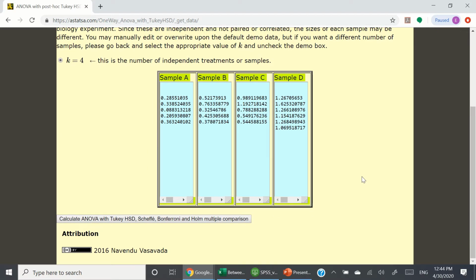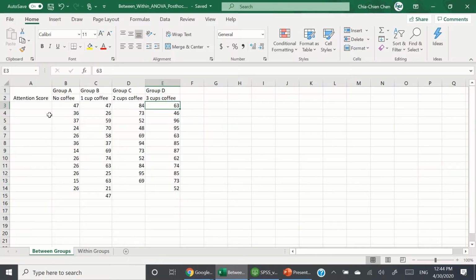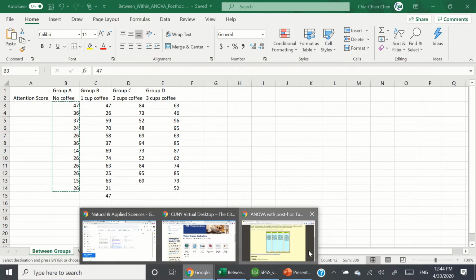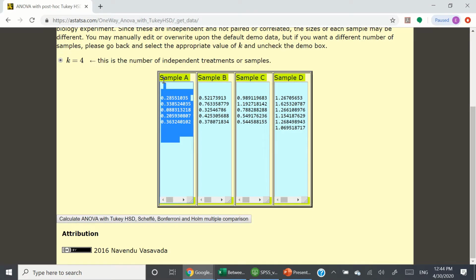What you need to do is basically copy and paste this onto that.